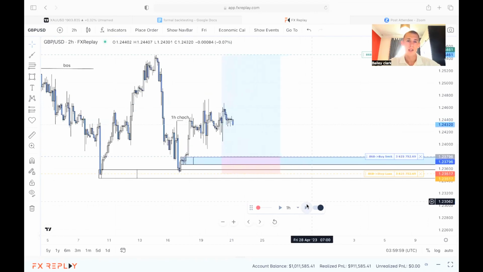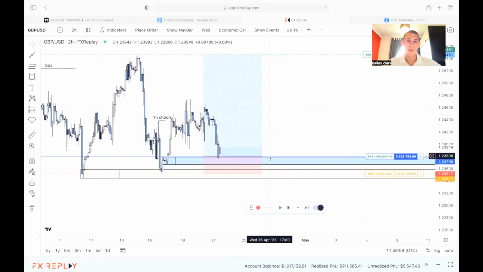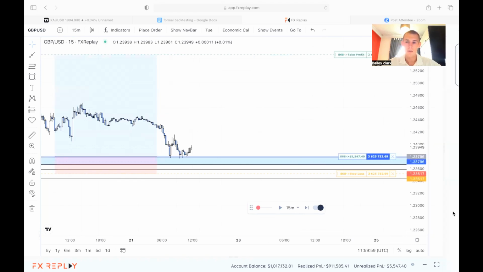All of this, I'm just seeing as liquidity still. There we go, tagged in. Let's also see if we can get another confirmation entry to scale in.